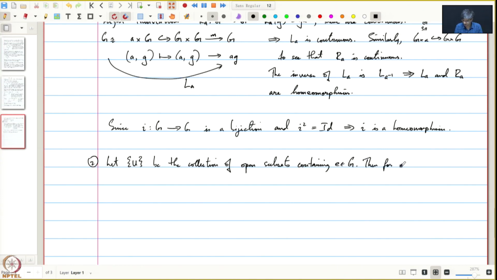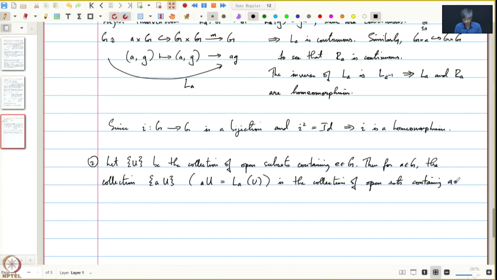Then for A in G, the collection AU, where AU is the left translate of this set U, is the collection of open sets containing A. So clearly, since L_A is a homeomorphism, L_A of U is an open subset and it contains A because the identity is in U.